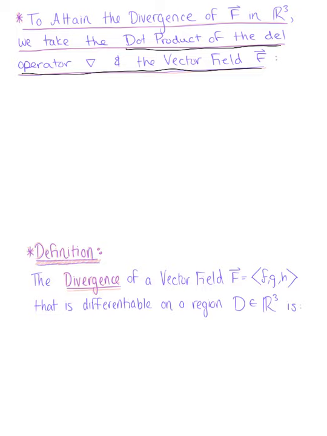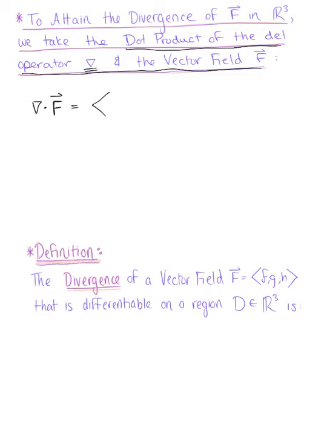Just a friendly reminder, the del operator is not a vector, but it's the operation that's applied to a function to get the partial derivatives. We used this same vector operation when we looked at the gradient. So to attain that divergence, we're taking the dot product of del and the vector field.